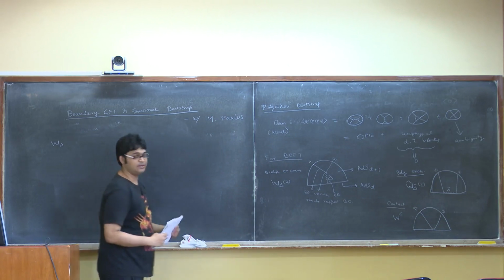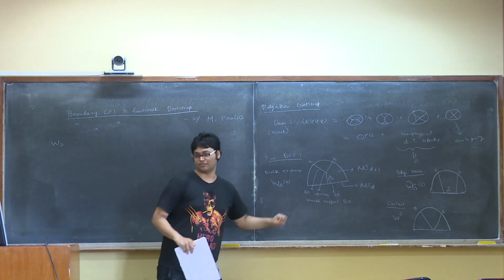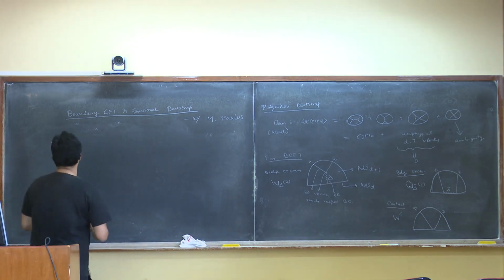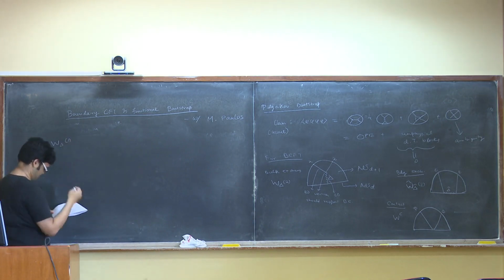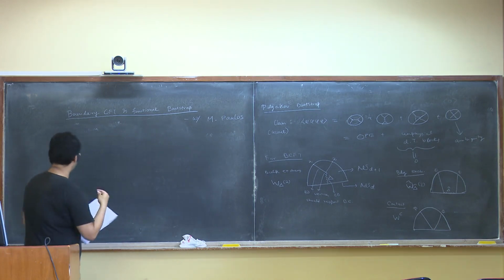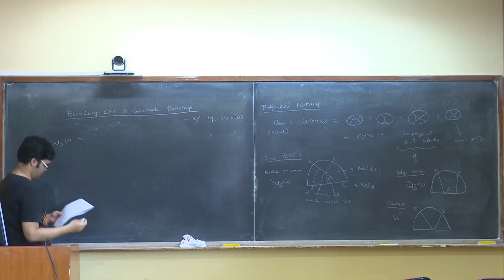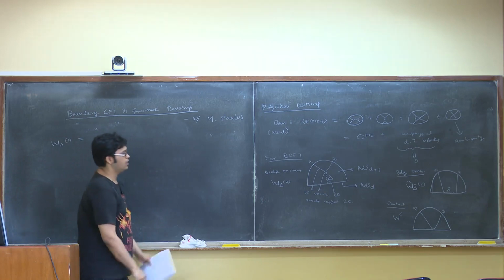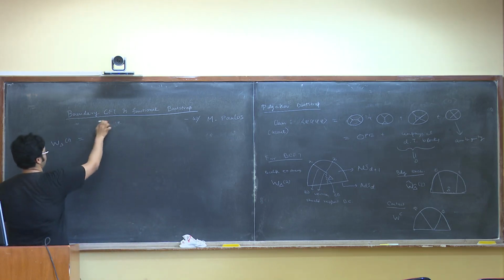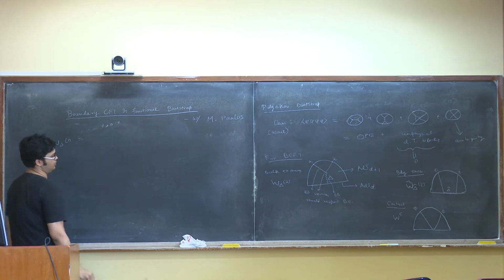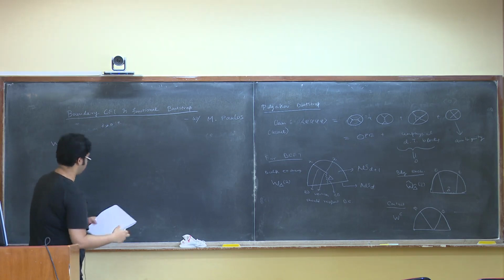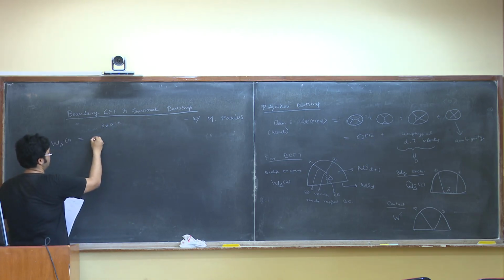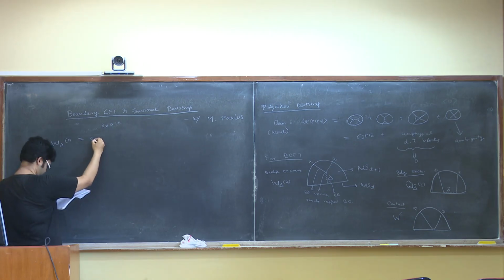For different limits of z, you can have different decompositions of W. For the small z limit, W has the decomposition which is called the boundary channel decomposition, which is given by the following.